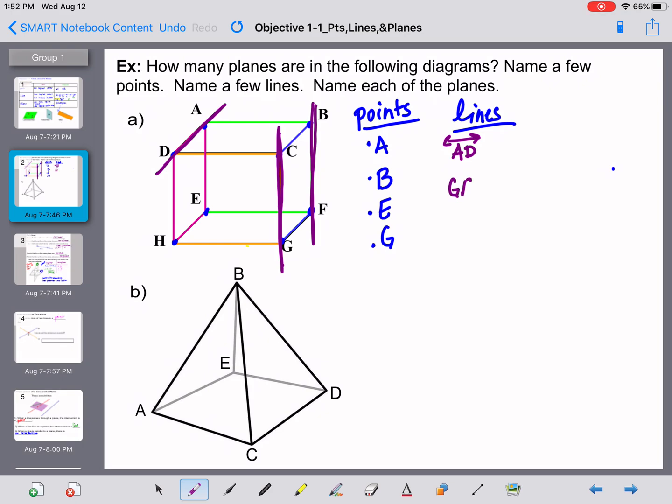We've got GC. You could have called it CG. And I've got BF. Notice up above, I've included an actual line. That lets us know that it is a line, the whole line, and not just a piece of the line.